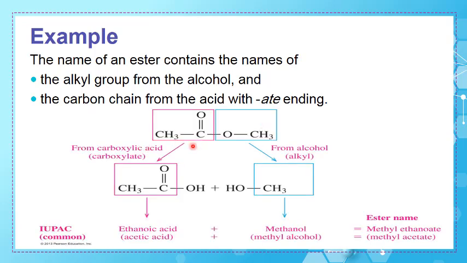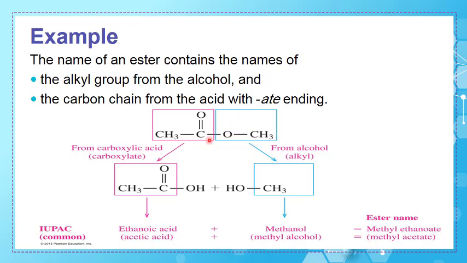example. Here is the ester C, double bond O, and oxygen. How to know the part coming from the acid? We will look at this carbon with the double covalent bond O and the R that is beside. So this will be directly the part coming from the carboxylic acid. While this oxygen with single covalent bond and the R coming after it, this will be the part coming from alcohol.